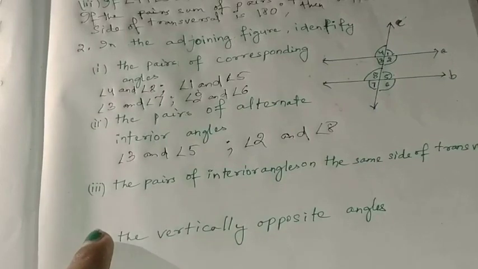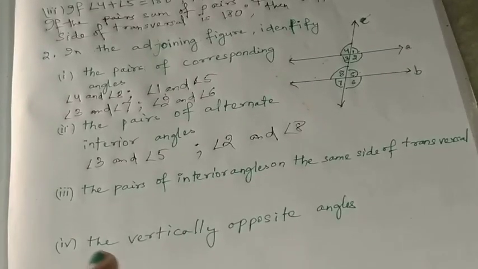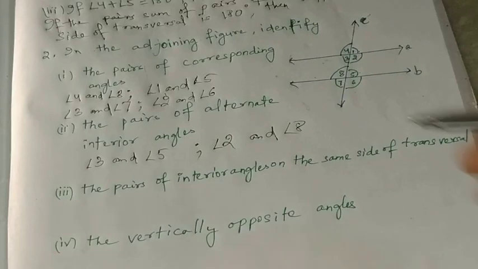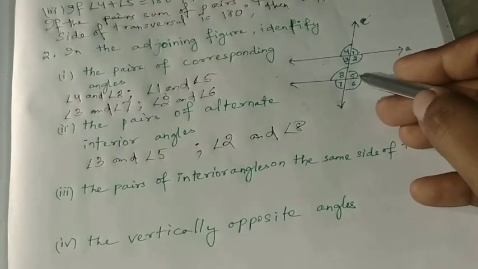Next, the pairs of interior angles on the same side of the transversal. So we have interior angles 3, 2, 5, 8. On the same side of the transversal, that is 3 and 8, 2 and 5.